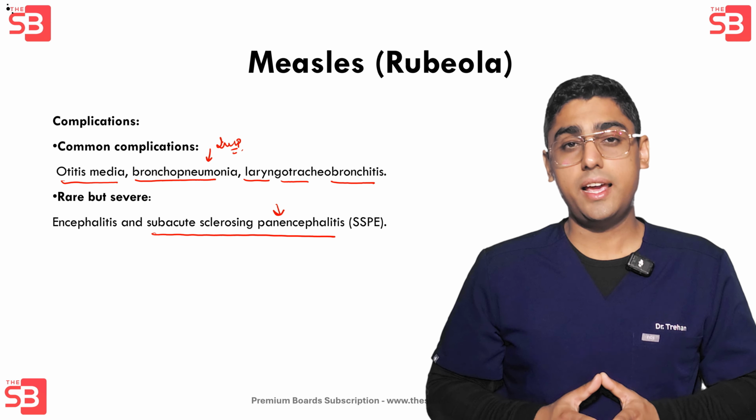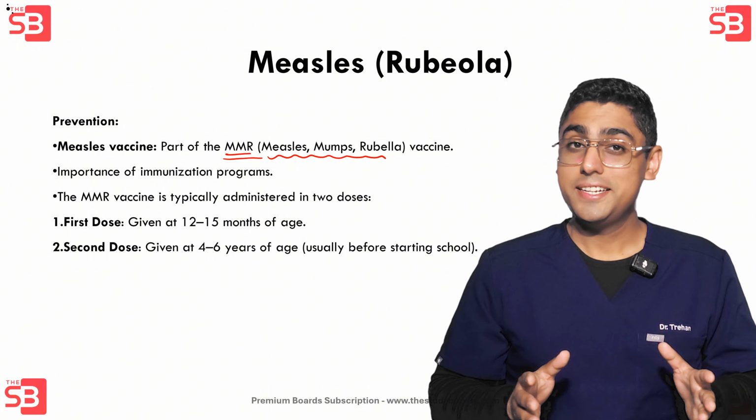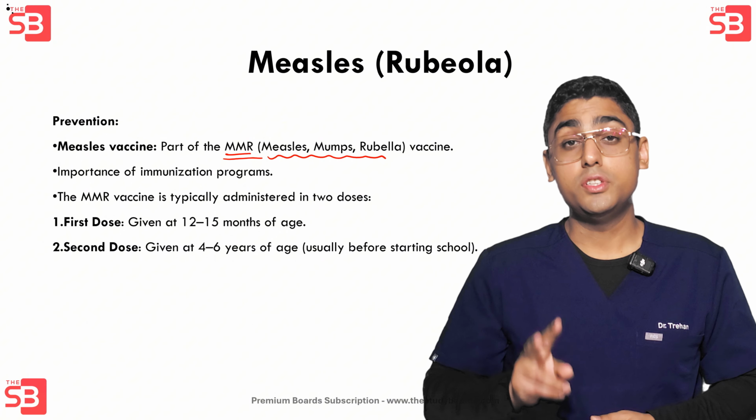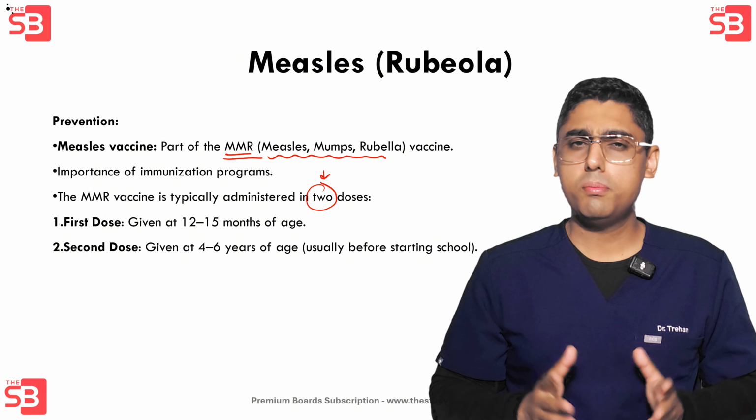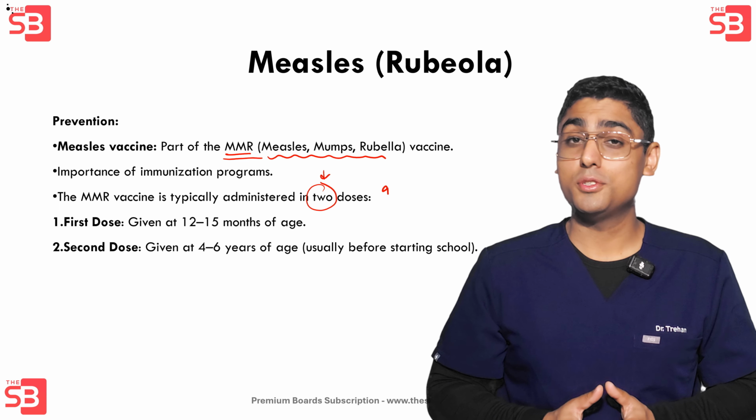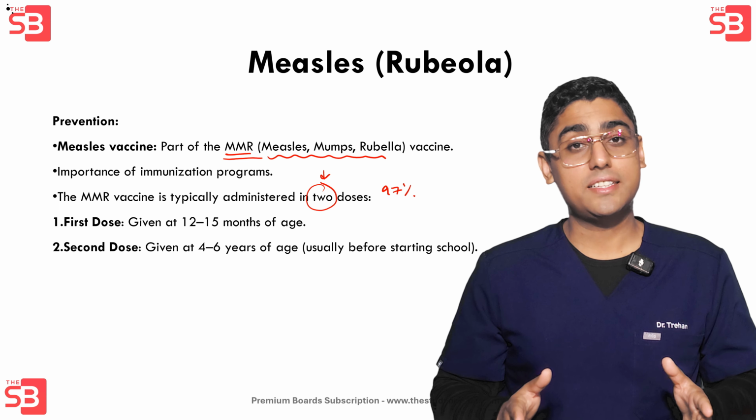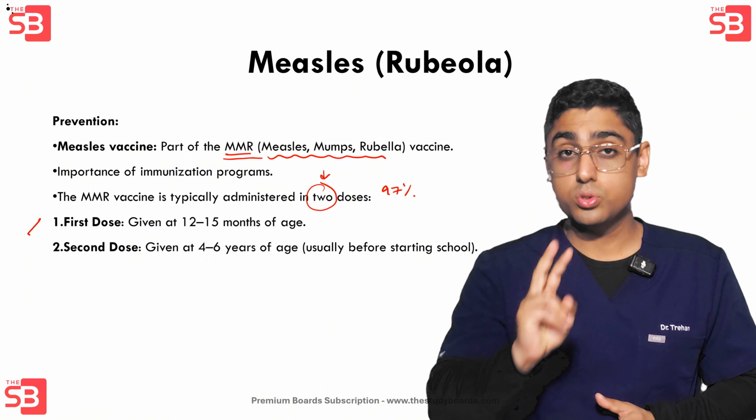Now, let's talk about the prevention, which is really straightforward because we have the vaccination for it. Now, the measles vaccine is usually administered as a part of MMR vaccine, which also protects against mumps and rubella. Now, this vaccine is highly effective, with 2 doses providing immunity to about 97% of those who are vaccinated. Now, the MMR vaccine is administered in 2 doses.